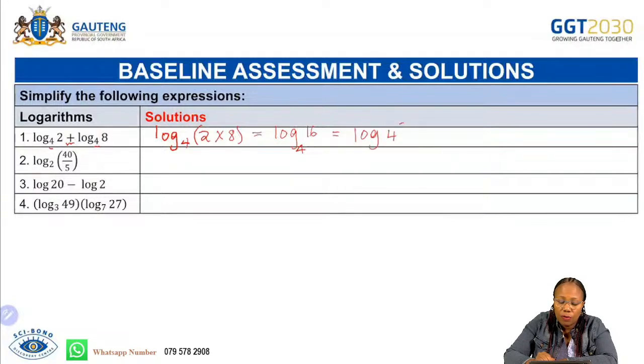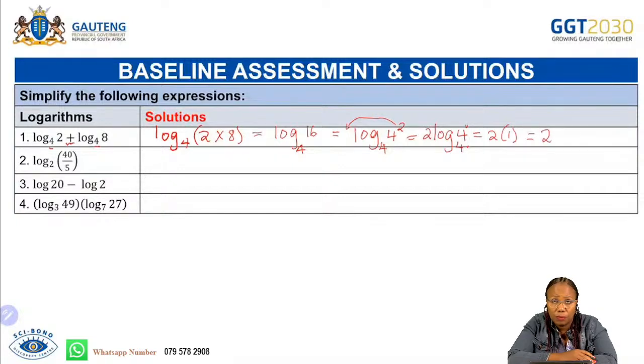Log of 4 squared, that is still a 16, grade 12, right? With the base 4. Then you apply the rule that says you can take the 2 to the front. That will be 2 log 4 base 4. And then the rule that says if a log is the same as the base it equals 1, and 2 times 1 is equal to 2.